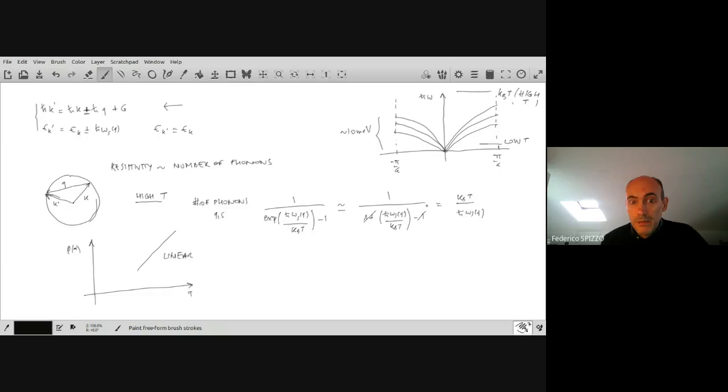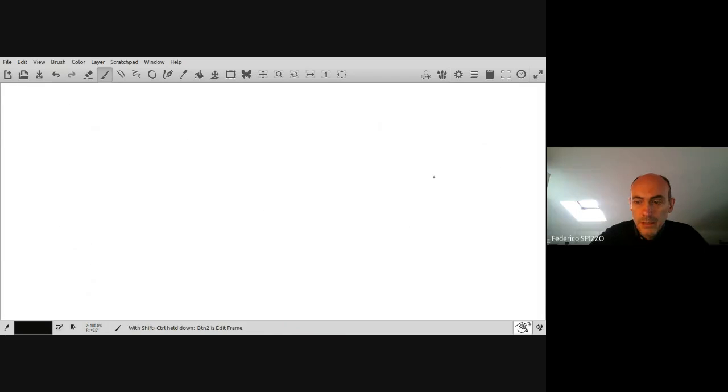So the point is now to observe what happens when we work in the low temperature regime. At that point, we may again consider the Fermi sphere. We are in the low temperature regime.